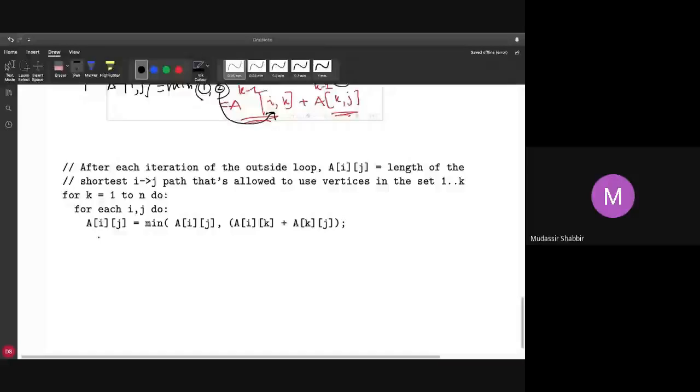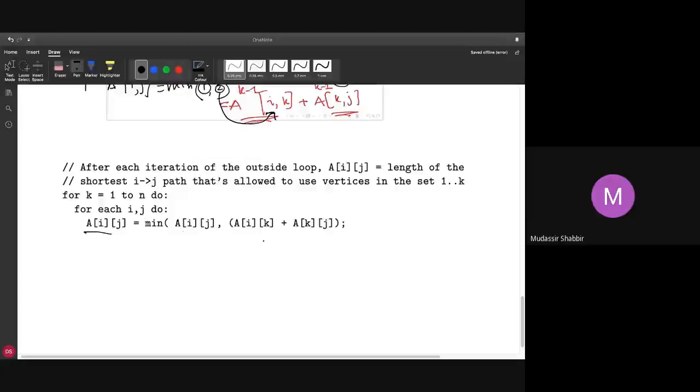Okay, and now you run k from 1 to n, and then for each pair i and j, you do this. You update A_ij with this. Okay, you pick either this quantity or this quantity. Okay, and that's it.